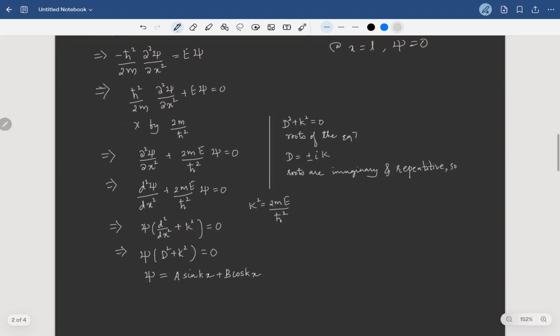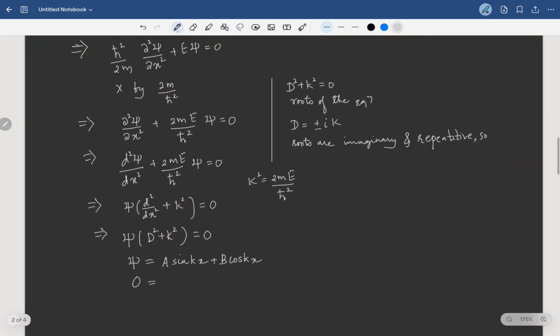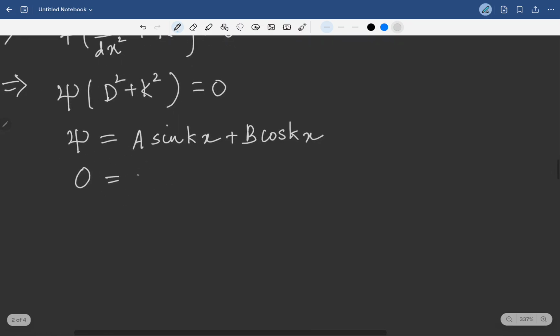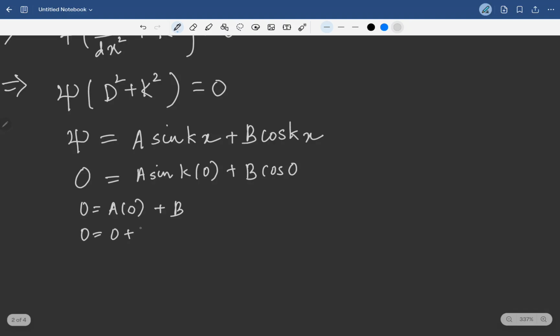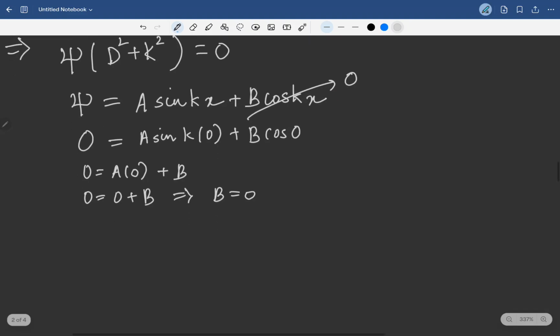So let's write here 0 is equal to A sine k into 0 plus B cos 0. 0 is equal to A into 0 plus B. 0 is equal to 0 plus B. It implies that B is equal to 0. So this term goes to 0.